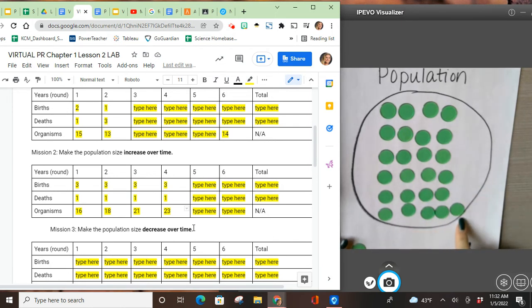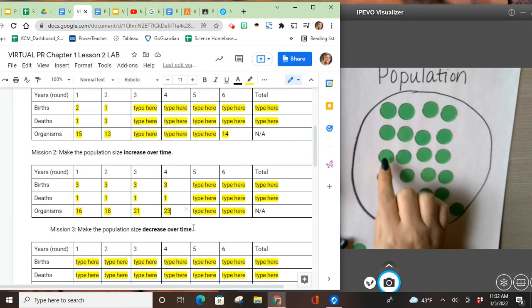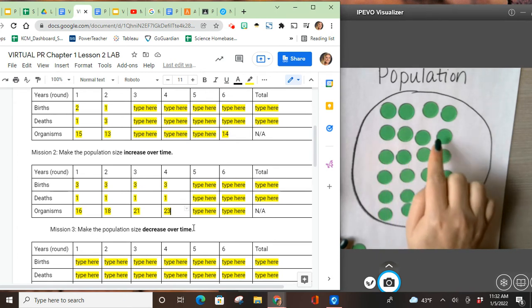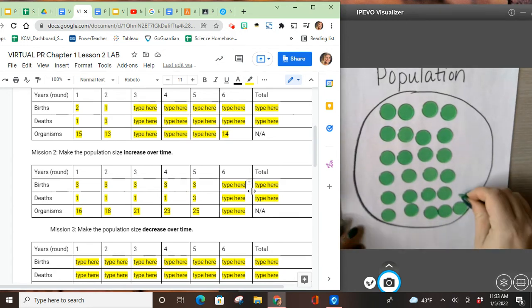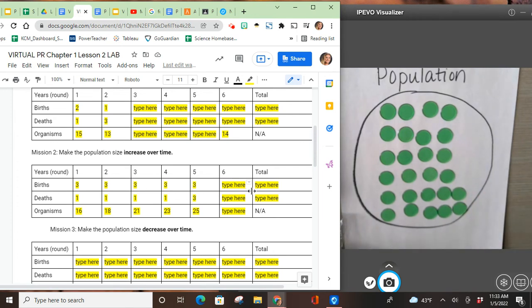So we've got 5, 9, 13, 17, 21, 25. Okay, and in the final year that we're tracking, let's say we have 3 more births and 1 death. Okay, now we've got 5, 10, 15, 19, 23, 27 total species.